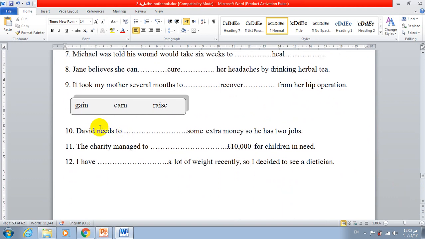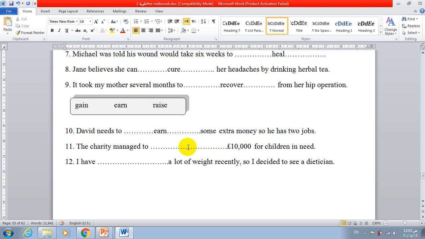The last box with the words gain, earn, raise. And number 10 says David needs to earn some extra money, so he has 2 jobs. Excellent. Here we must use the word earn because we use this word with the money. Number 11, the charity managed to raise 10,000 for children in need.